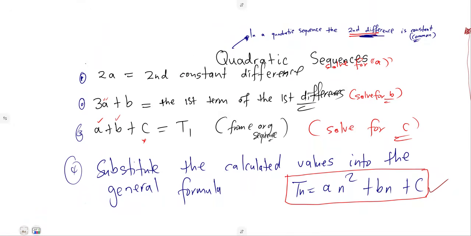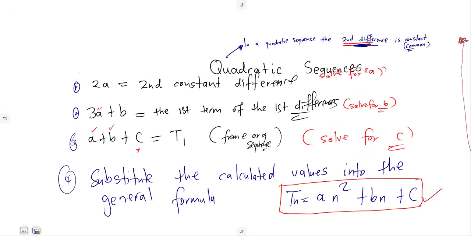So we can use this idea that 2a is equal to the second constant, 3a plus b is equal to t1. All right, then, or we can use the other one. So I'm just going to use both for the sake of revision. So let's start with this one, guys.